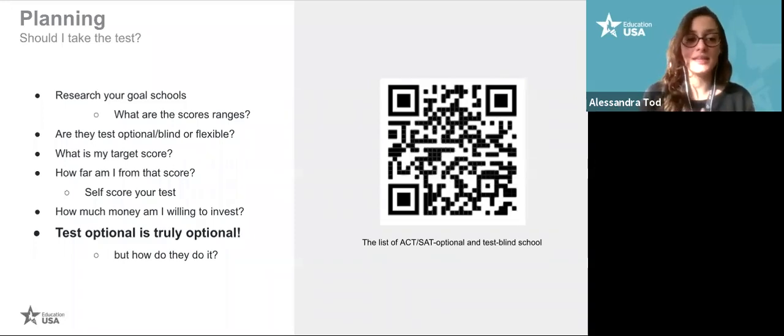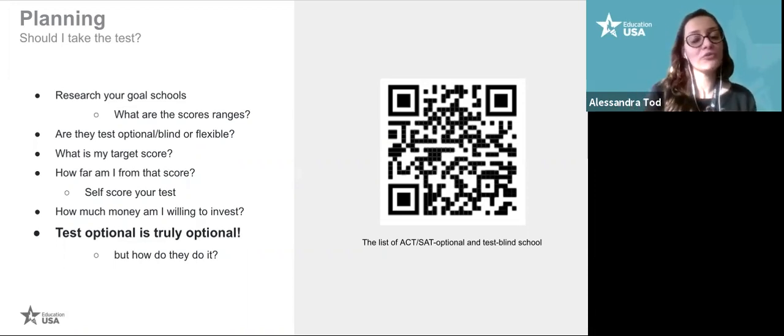Also, how much money are you willing to invest? Because it is not a very cheap test, so you need to pay for that. You will need to pay for preparation, and sometimes you need to pay to travel if you want to take the SAT in my city, for example. So just make a list and think about all the possibilities.